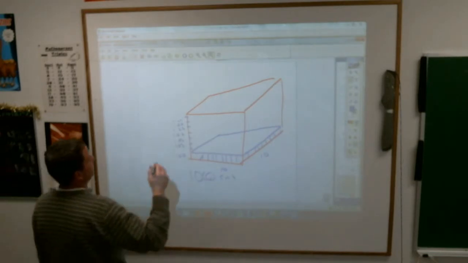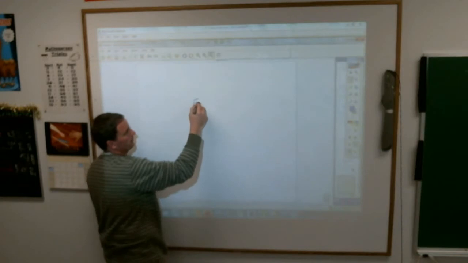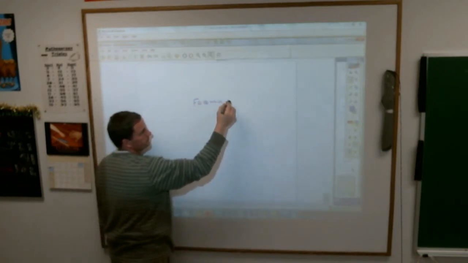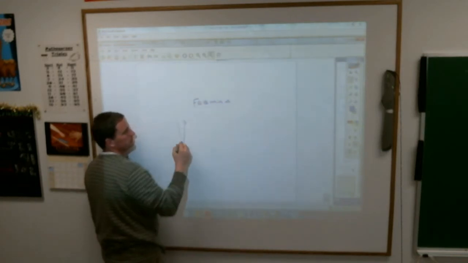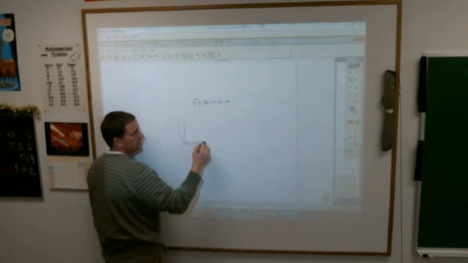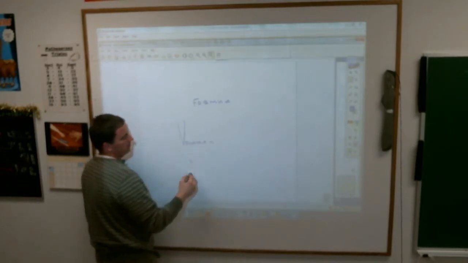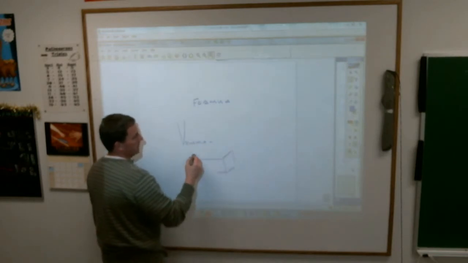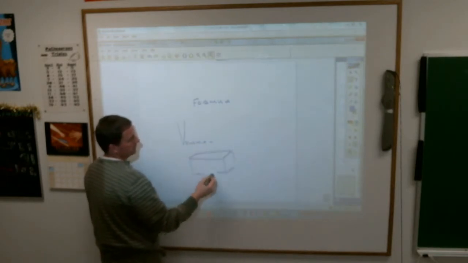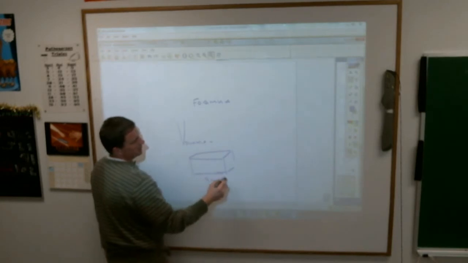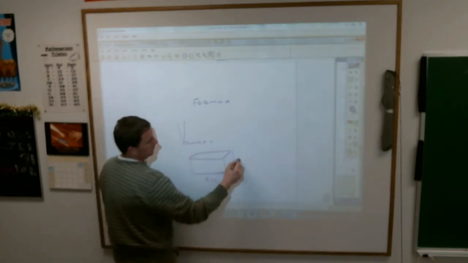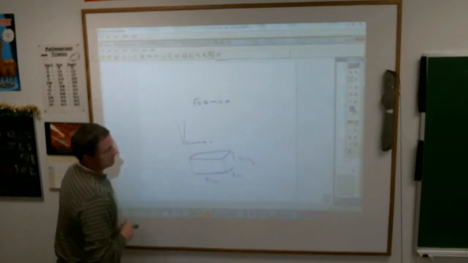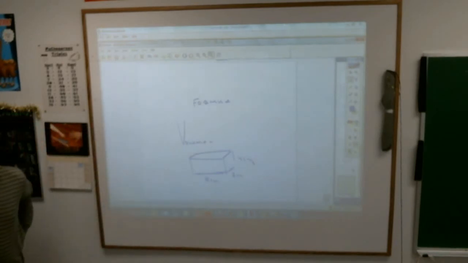When we did all of these, we have a formula. The formula for volume. To find the volume of any box, rectangular prism, rather than having to drop little squares in there, let's say this is 8 centimeters by 3 centimeters by 4 centimeters. Does anybody know what the formula for volume is?